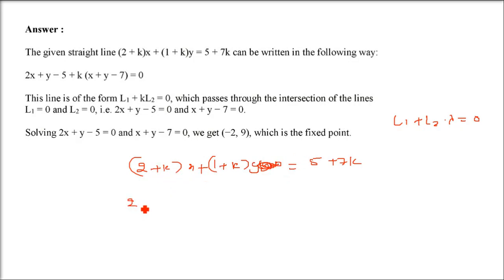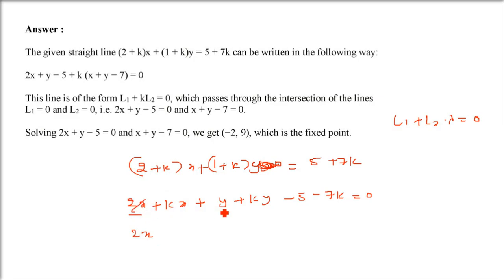So just open it first, 2x plus kx plus y plus ky, and take 5 and 7k here, minus 5 minus 7k. Now take the k terms together and other terms together.